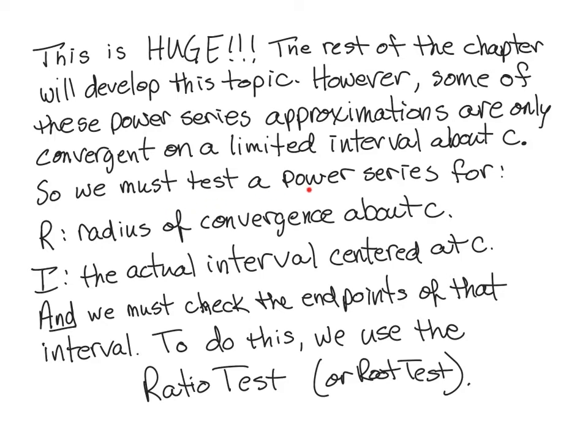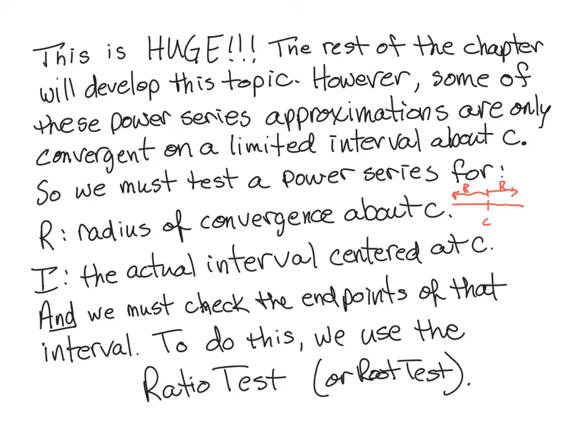So we've got to use a test for a power series to find the radius of convergence. In other words, if we're looking at the x values here, here's c, there's going to be some radius that we're going to go out, or that way, or that way.